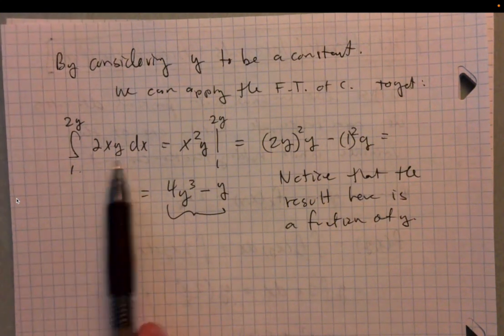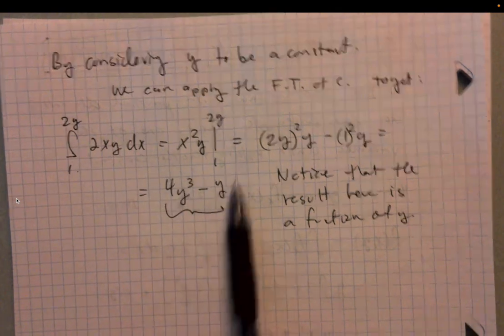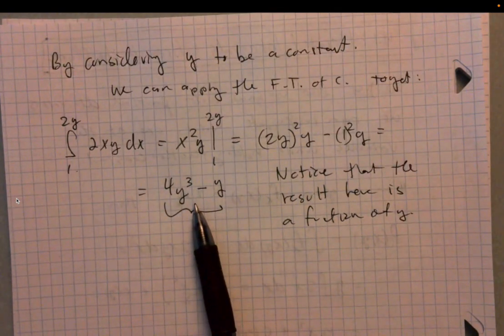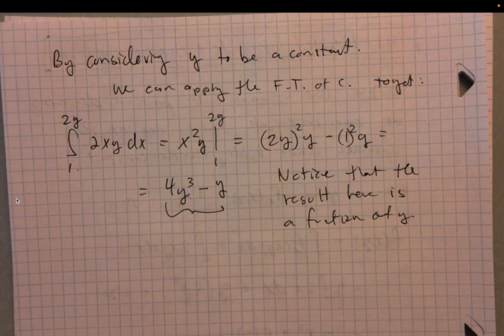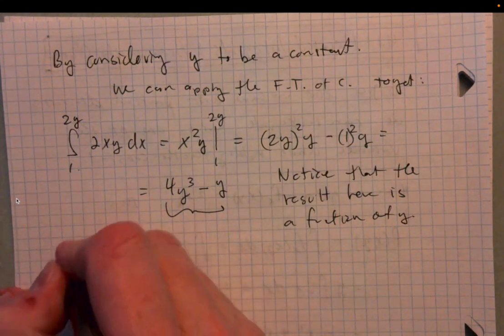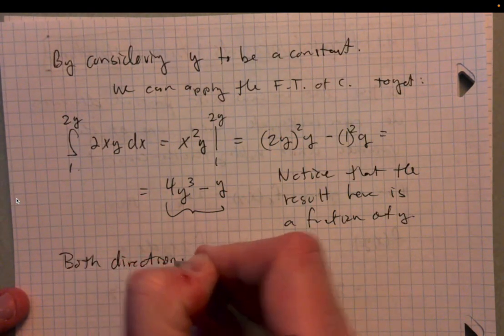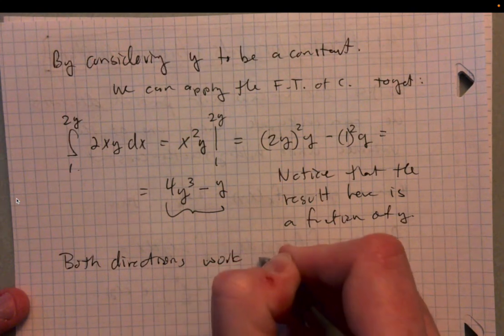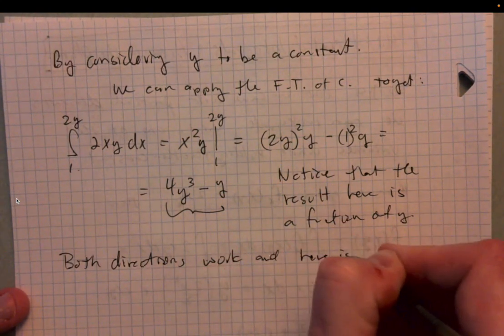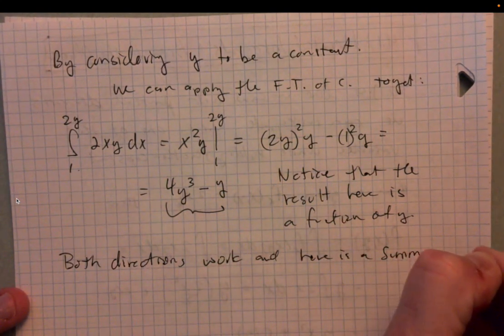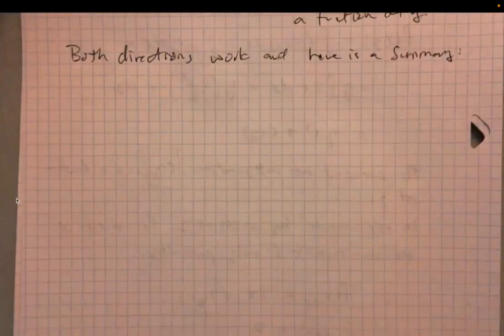This is an example of integrating with respect to x and ending up with a function of y. You could also integrate with respect to y and end up with a function of x. So here's kind of the summary. Both directions work, and here's a summary.